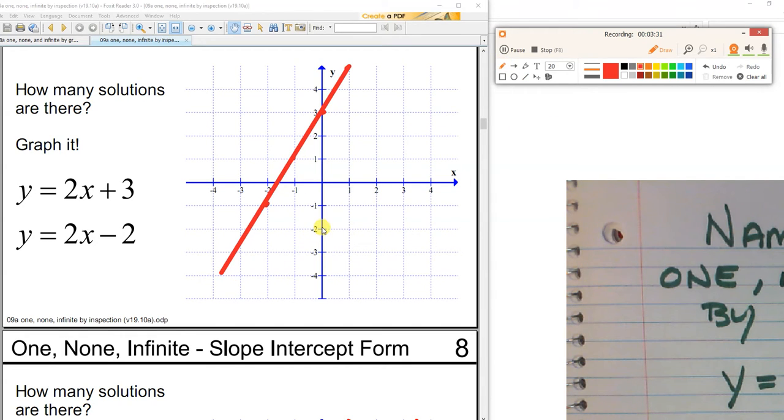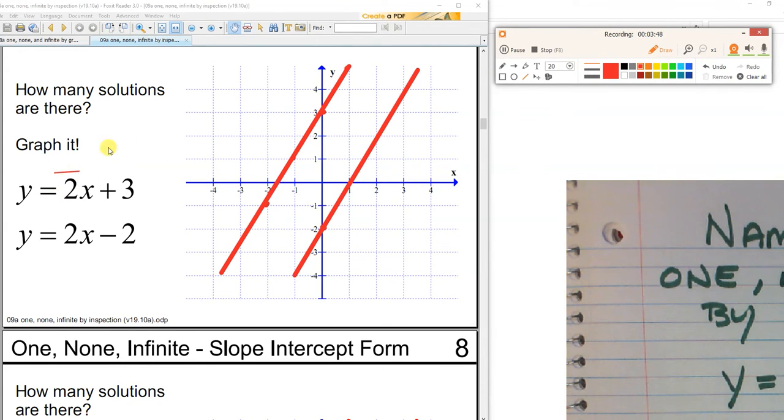Starts at -2. They're parallel lines, which means they're not going to cross. But I could see that right here.